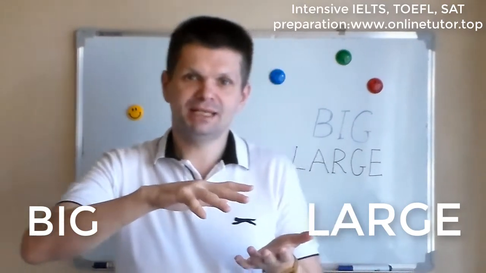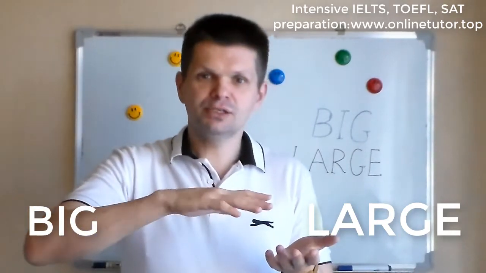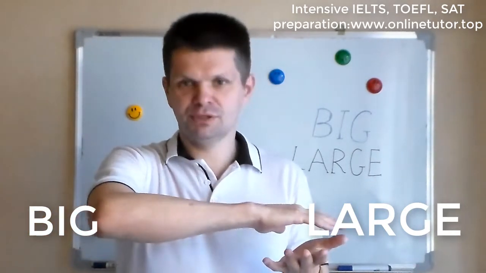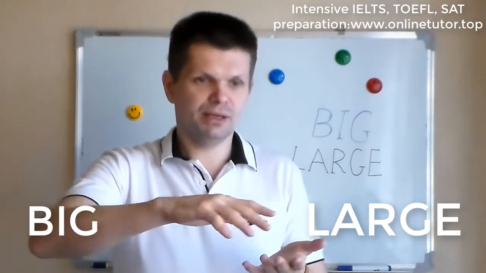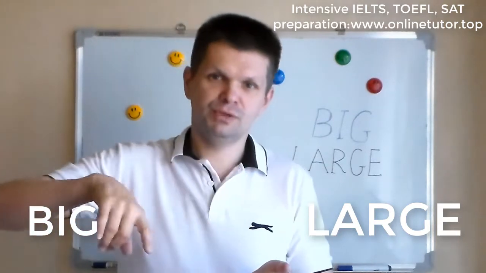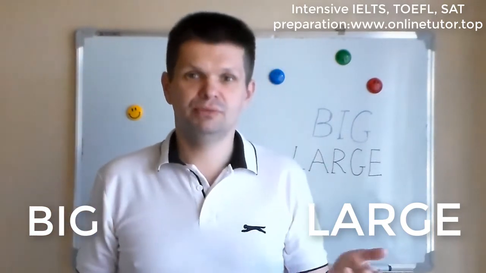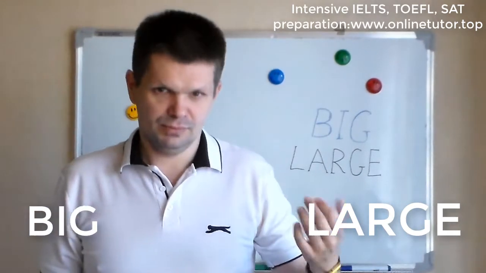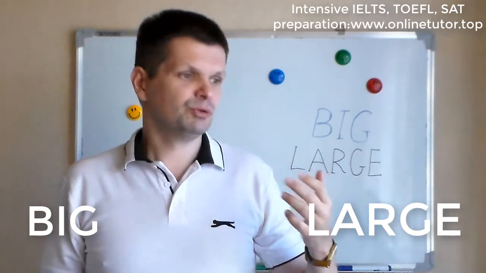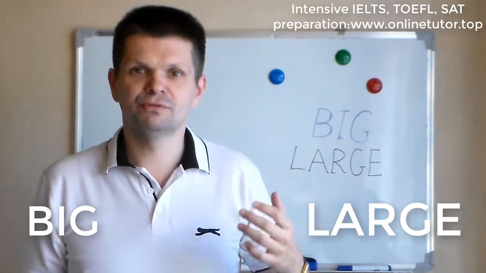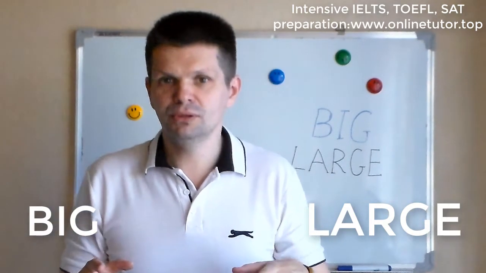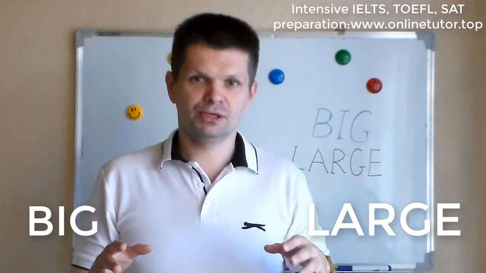Let's start with this flat area. For example, a large field. A field is mostly flat, and so we say a large field, meaning the area of this field. You can also say a big field, but as I remind you for the third or fourth time, a lot of people would prefer to say a large field instead of a big field.